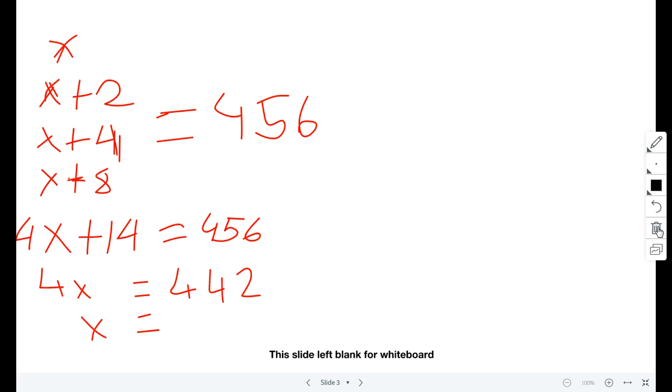X plus 2, x is an odd number. 110.5. But how can it be in decimal? That's what I'm trying to figure out.